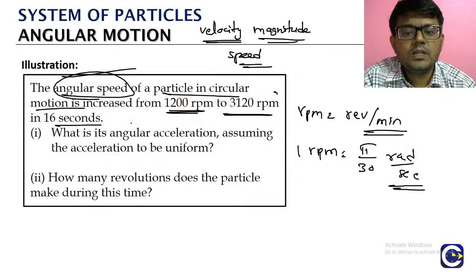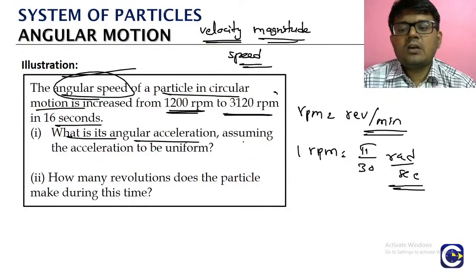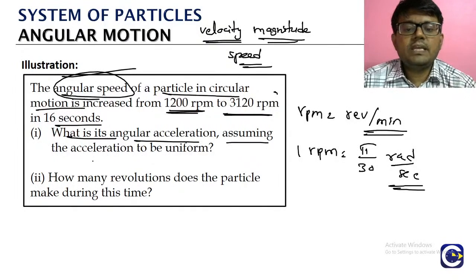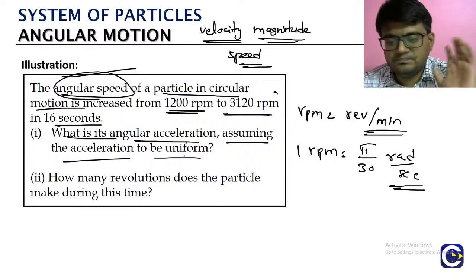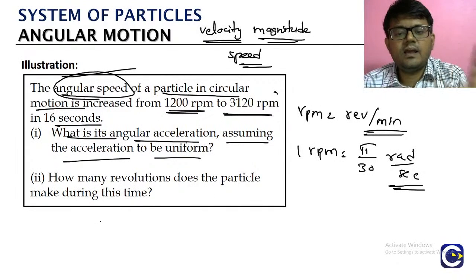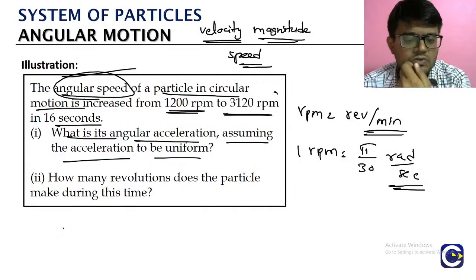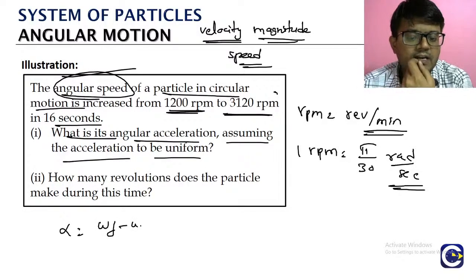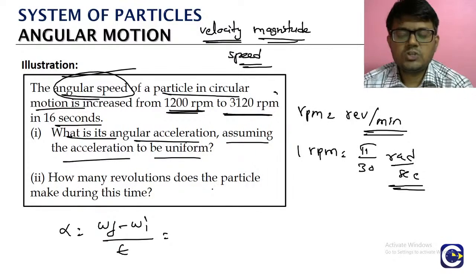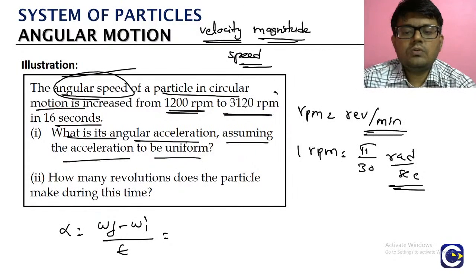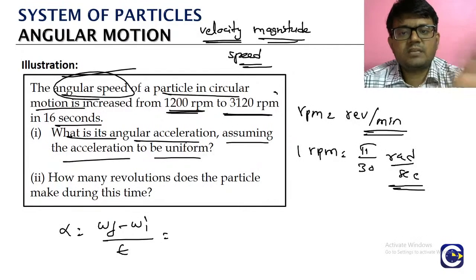What is its angular acceleration, assuming the acceleration to be uniform? First, they are asking for the angular acceleration value. So what is the alpha formula? Omega final minus omega initial by t. Now look, the omega values are given in rpm. How do we convert to radians per second? Just multiply by pi by 30.